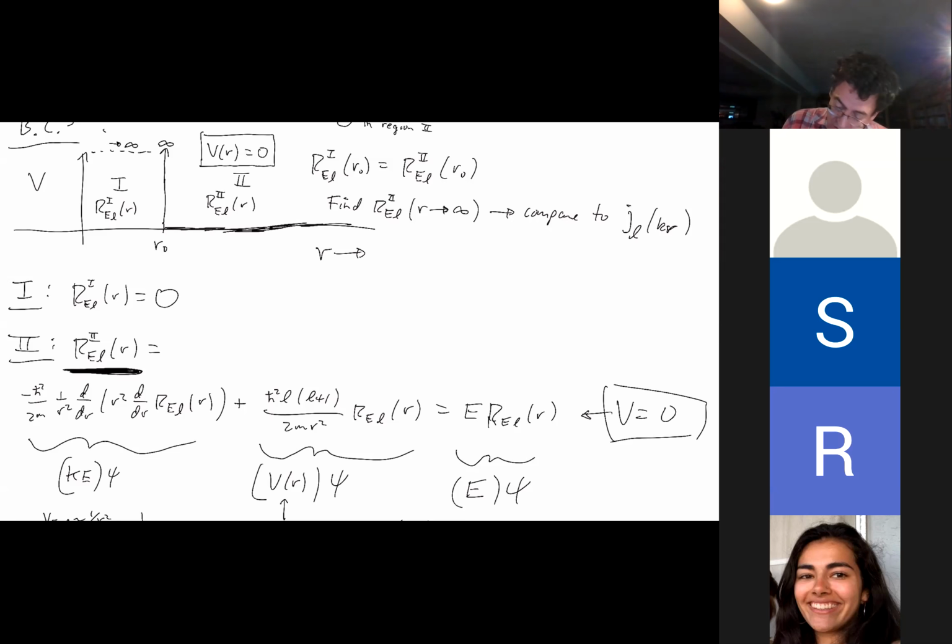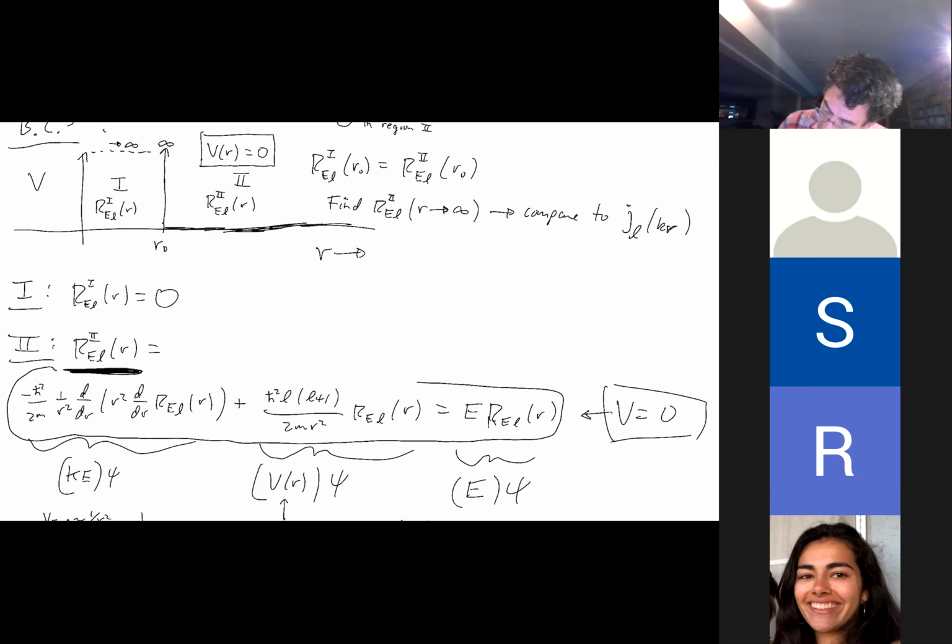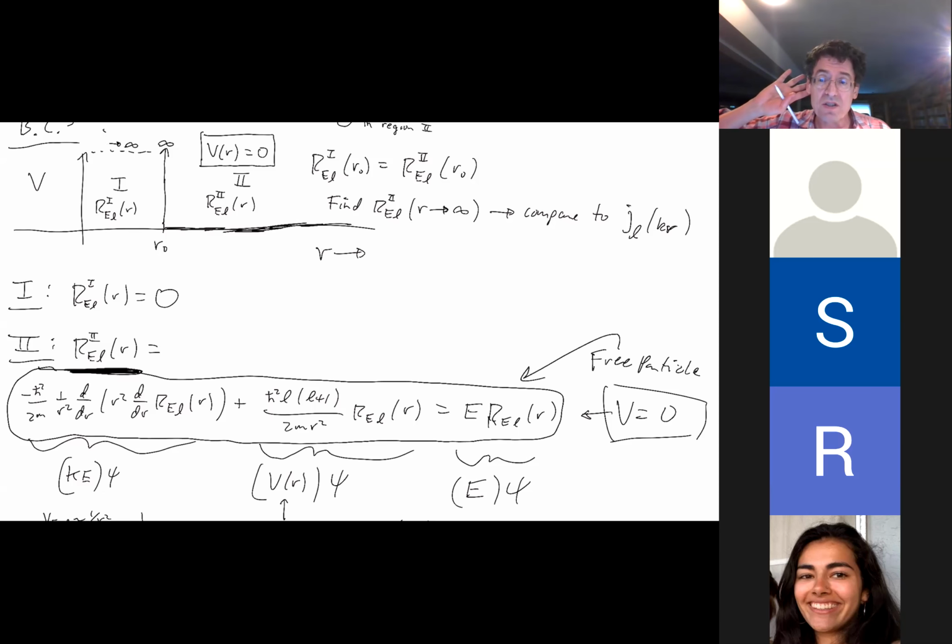In other words, I'm asking you, what is the solution of this equation? This is the equation for the radial part, the radial component, for a free particle. This is the free particle Schrodinger equation. Remember, that's what we're talking about. So what is the solution for a free particle?